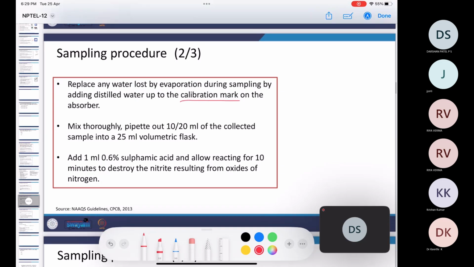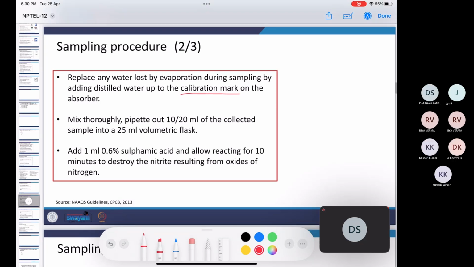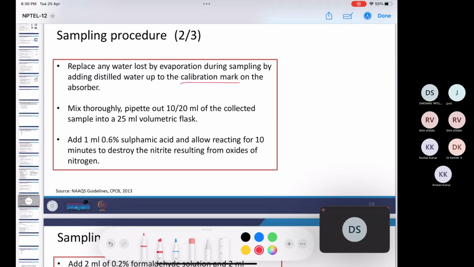And then we need to mix the solution thoroughly and then pipette out 10 or 20 ml of the collected sample into a 25 ml volumetric flask. And after that, into this volumetric flask, we add 1 ml of 0.6% sulfamic acid and allow it to react for 10 minutes to destroy the nitrites resulting from the oxides of nitrogen.